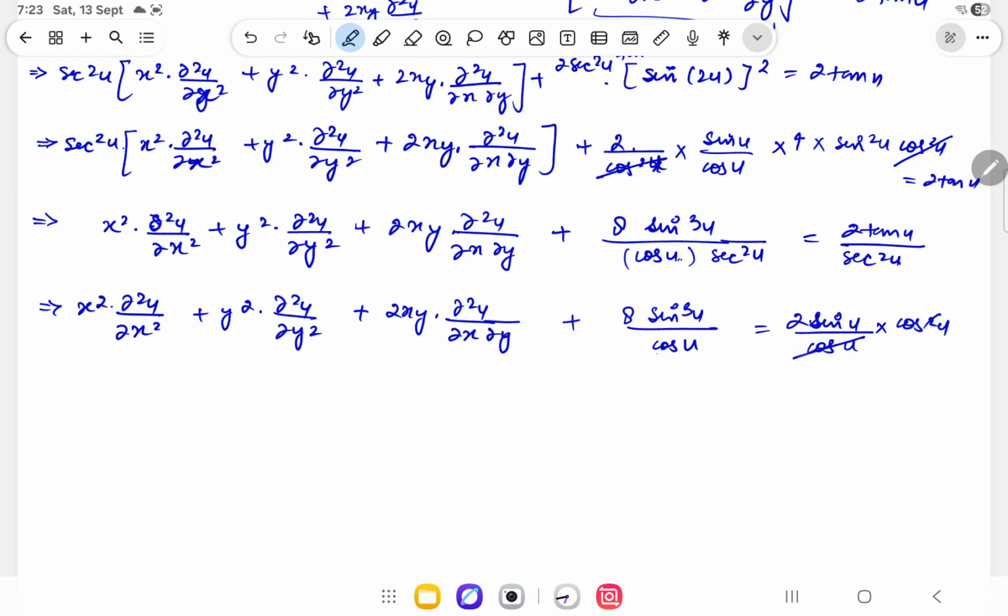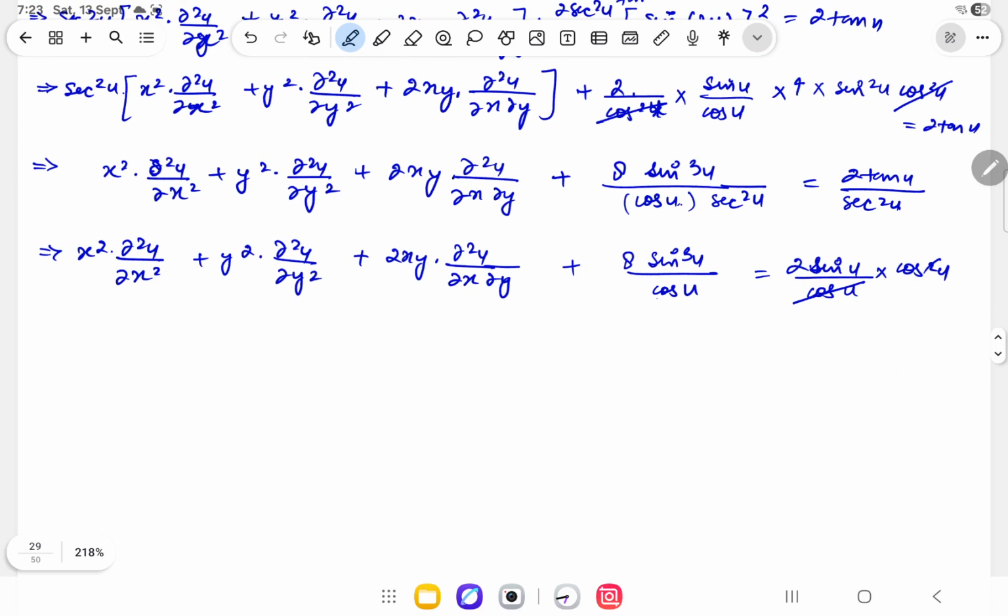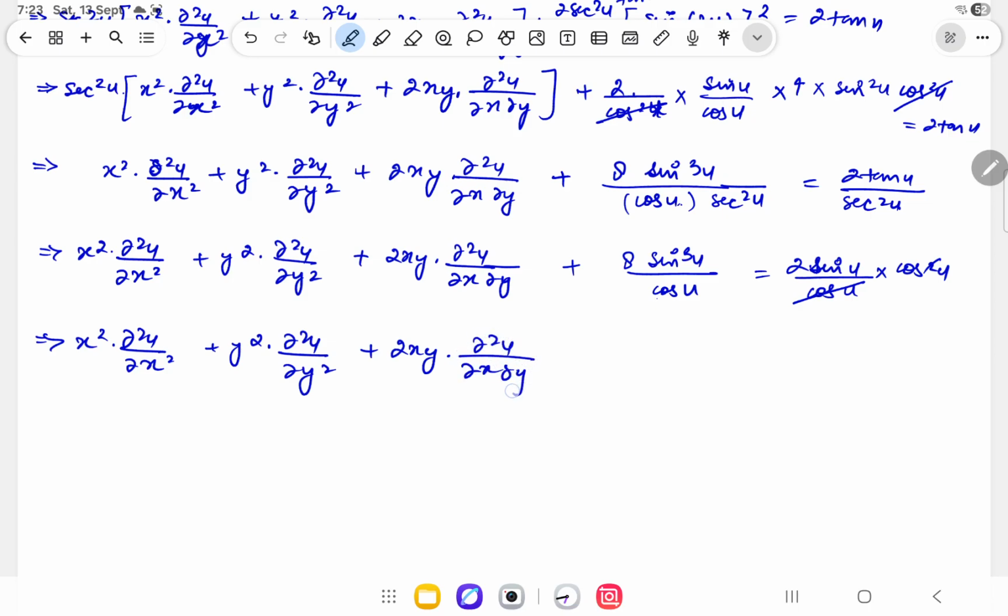This cos u balances this. So we get basically x square into del square u by del x square plus y square into del square u by del y square plus 2xy into del square u by del x del y as 2 sin u minus 8 sin cube u by cos u.